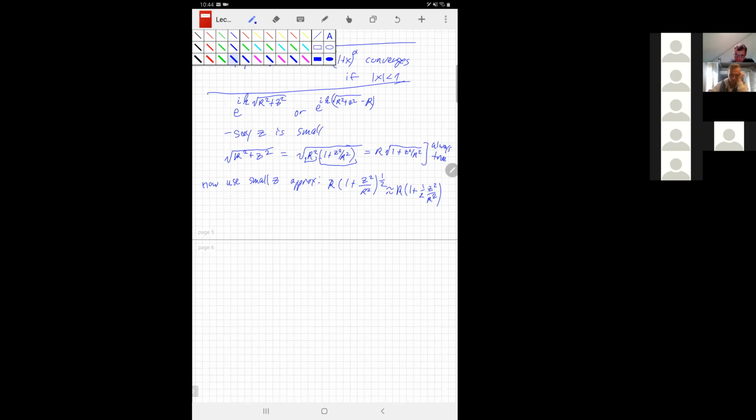So you can work with that. That would be equal to r plus z squared over 2r. And that is a useful thing. That is something that is much easier to integrate.